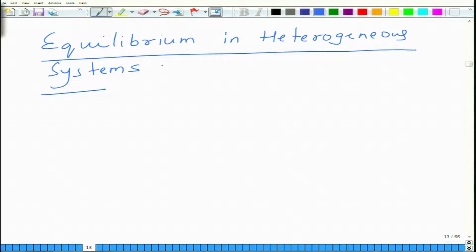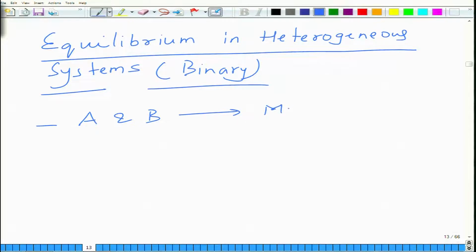We'll just consider binary for the sake of simplicity. We'll introduce ternary later on. So, consider that you have two elements A and B which are mixed, and how these A and B mix with each other and how they react with each other, what kind of solid solutions they form, what is the free energy profile, that will determine what will exist under a given set of conditions.